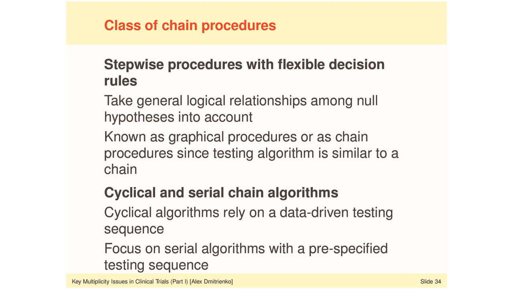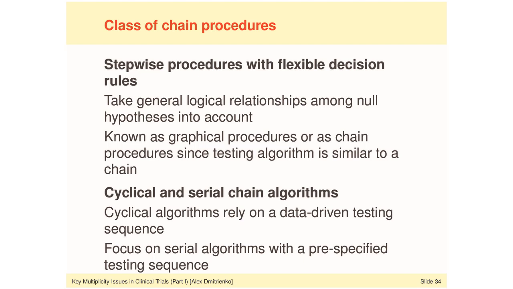These testing strategies or testing procedures are known as either graphical procedures or chain procedures. I personally prefer to use the term chain because the underlying testing algorithm is similar to a discrete random process, also known as a chain. For example, we've all heard of Markov chains.